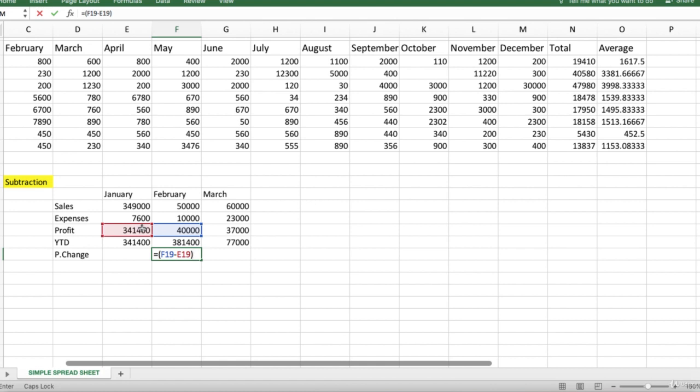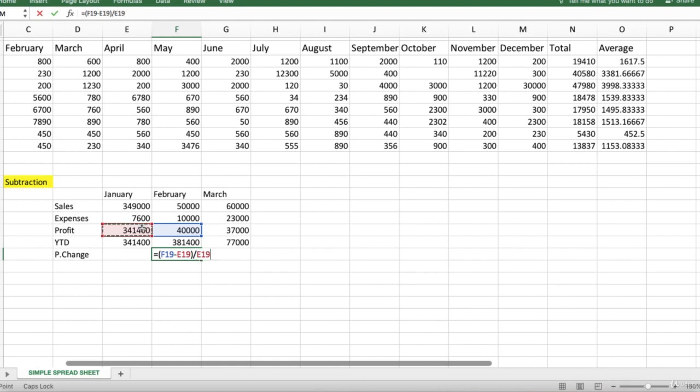Always remember that whenever you calculate percentage change, where more than one calculation is involved, it's very important to put the bracket or parenthesis. After that, you have to divide it by E19.